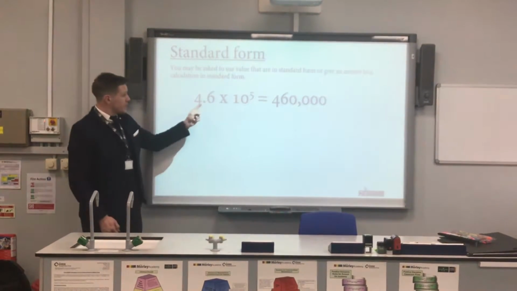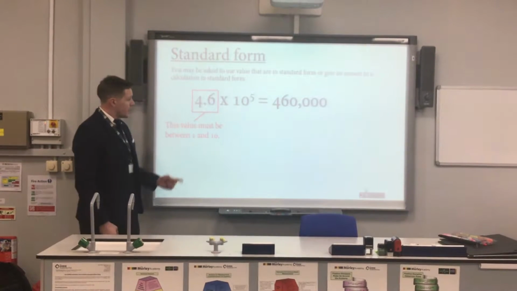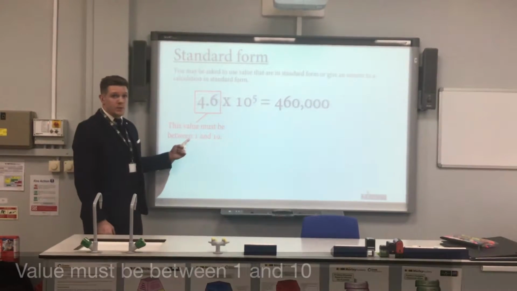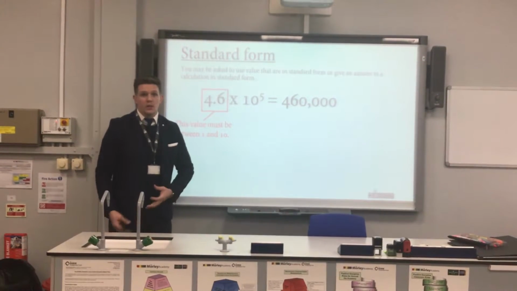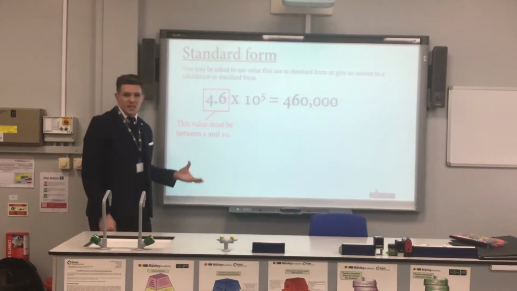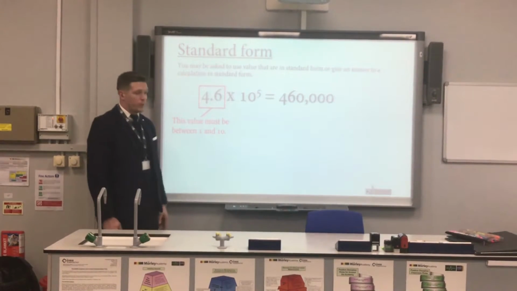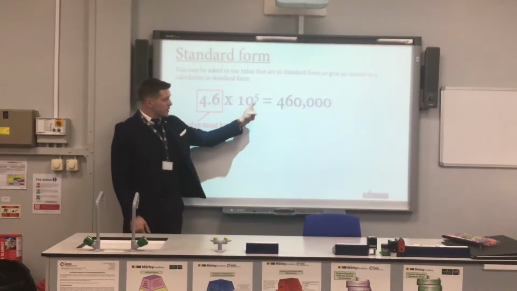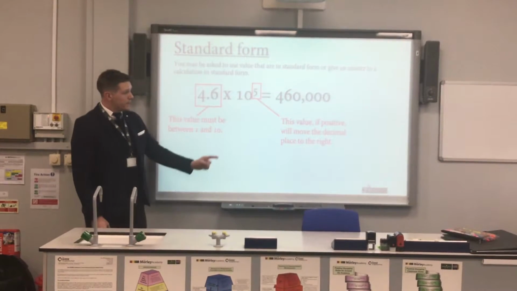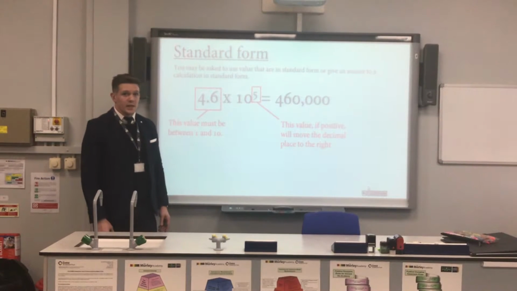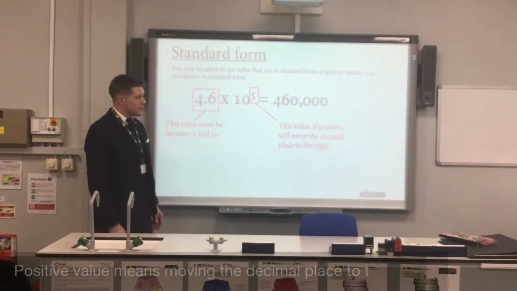So if we take our number on the left here, what we've identified is that this value must be between 1 and 10. So it can't be 0.12 and it can't be 12.9. It's got to be between 1 and 10. Hence we've got 4.6. We next look at our times 10 to the power, and if it is a positive value, it tells us that we're going to be moving the decimal place to the right.